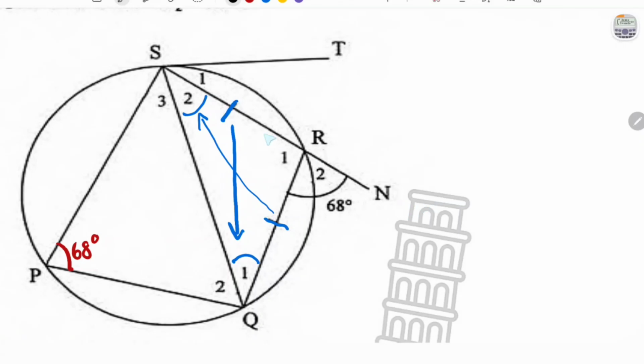And there's a reason I'm saying that. Do you see now that when we look at this triangle RSQ, this angle of 68 degrees here, this R2, is the exterior angle of that triangle? It's the exterior angle because it's an extension of one of the sides of the triangle. The exterior angle is equal to the sum of the two opposite interior angles.